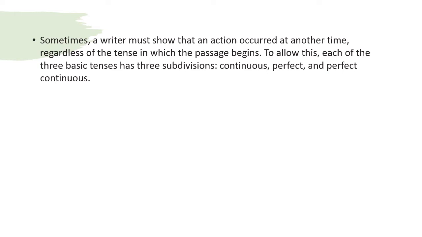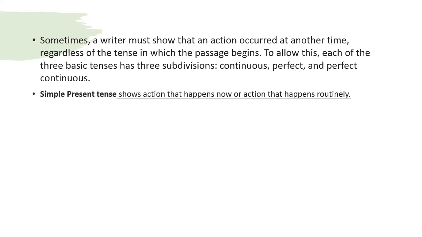So sometimes we can have an action that was occurring even when you're talking about past tense. To allow for this situation, each of the basic tenses, that is past, present and future, has three subdivisions, that is continuous, perfect and perfect continuous.